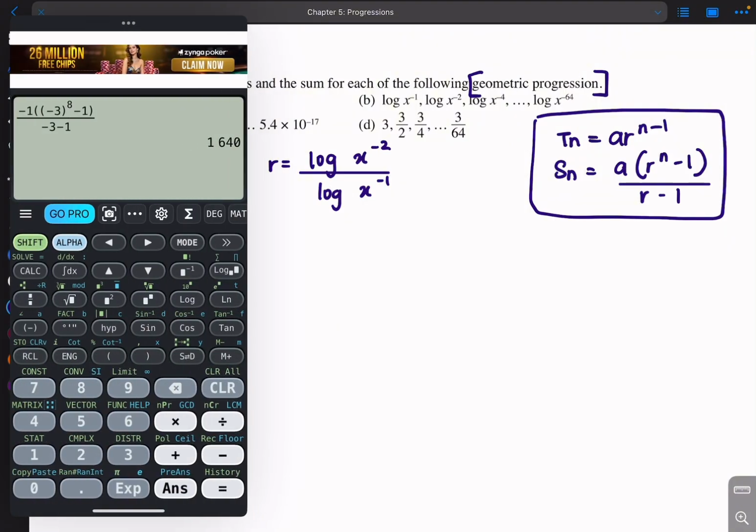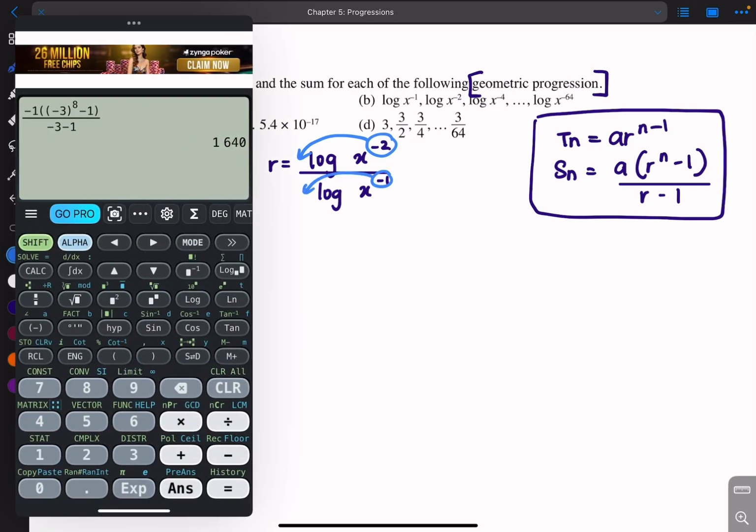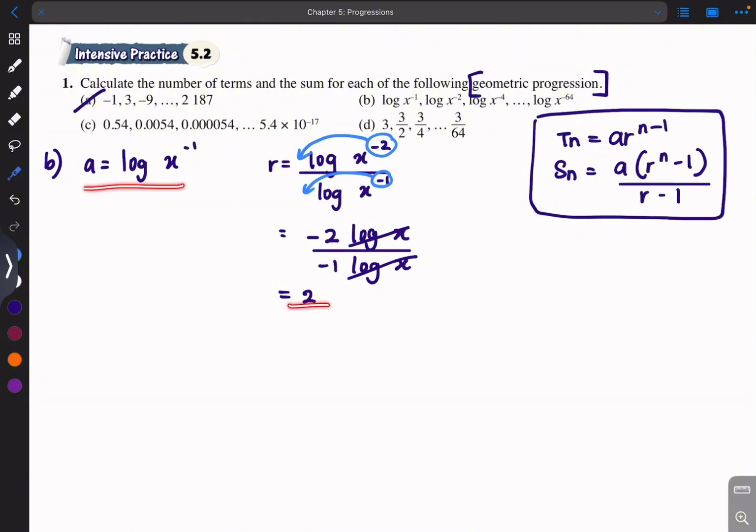Okay, since this is log, these powers we can bring forward. So this will give us negative 2 log x over negative 1 log x. So these logs we can cancel off. Negative 2 divide negative 1, we get 2. So a and r done.